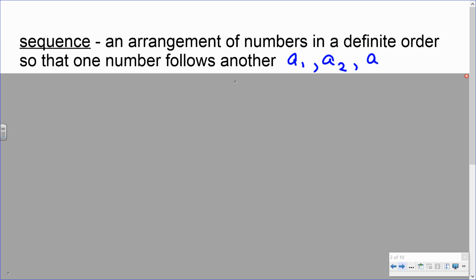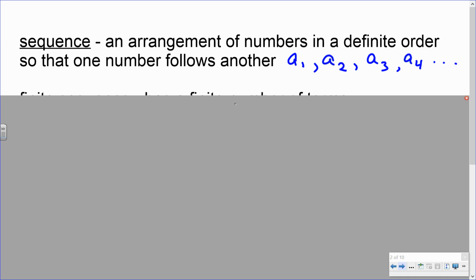And then we have a third term, A sub 3, and a fourth term, A sub 4. And we can keep going or we can stop at some point. But those subscripts just say the first in the list, the second in the list, the third in the list. The order matters so that we can be adding the same thing. We can't just jumble the order, then we would not be adding the same thing over and over.